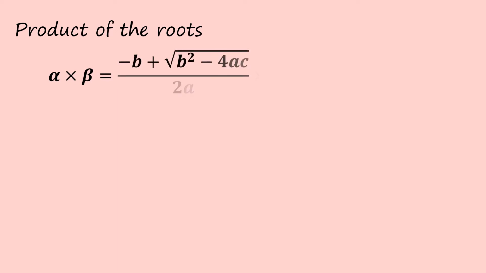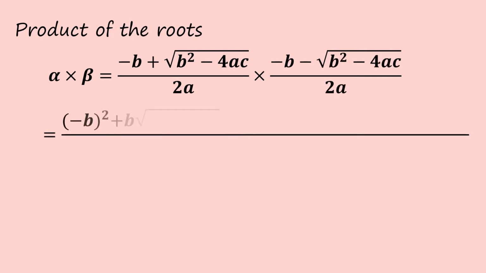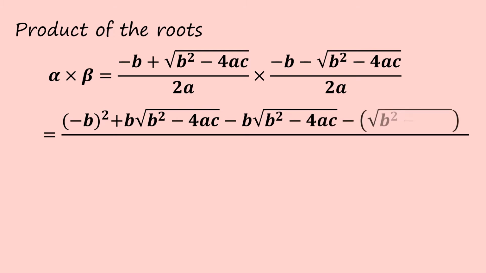Let's compute the product of the roots, which is alpha multiplied by beta. It will be minus b plus square root b squared minus 4ac over 2a multiplied by minus b minus square root b squared minus 4ac over 2a, which is going to give me minus b squared plus b square root b squared minus 4ac minus b square root b squared minus 4ac minus square root b squared minus 4ac all squared over 2a squared.